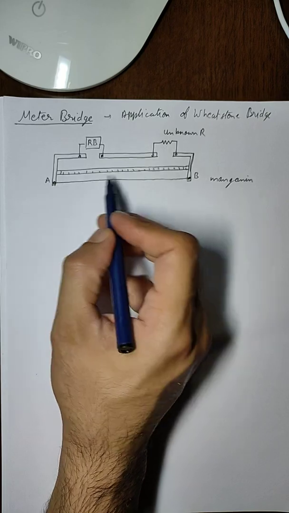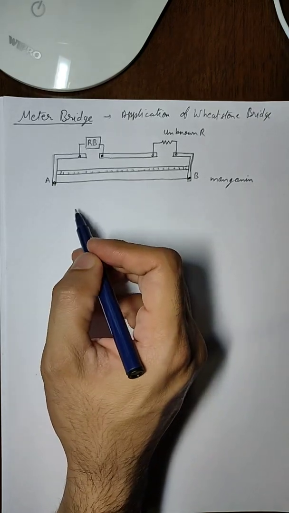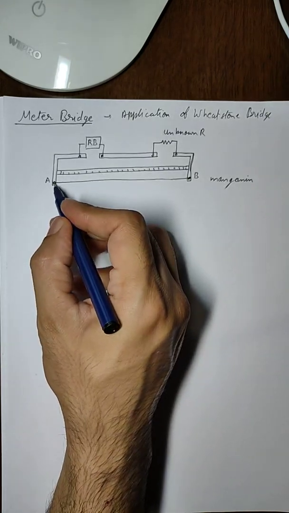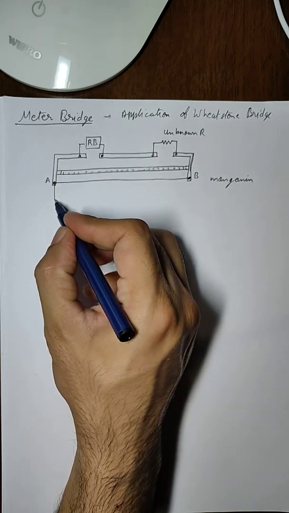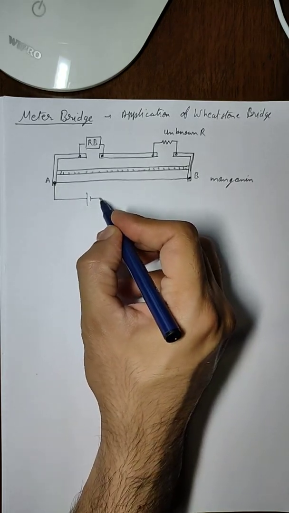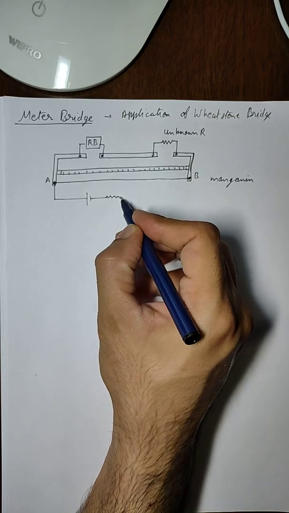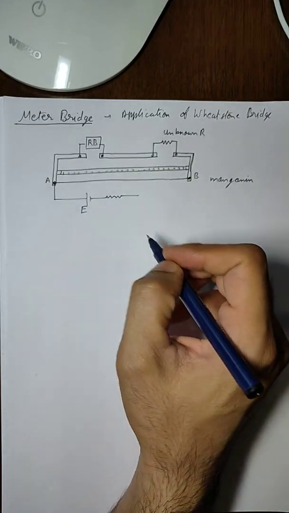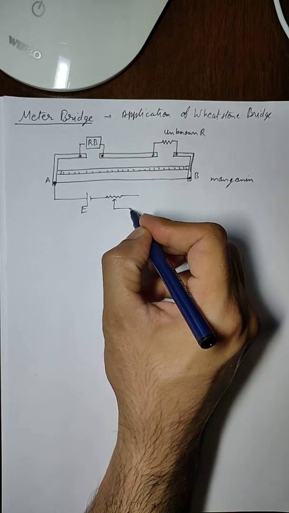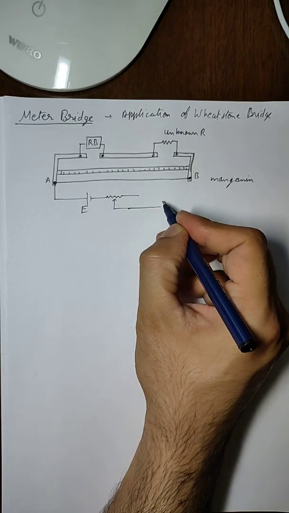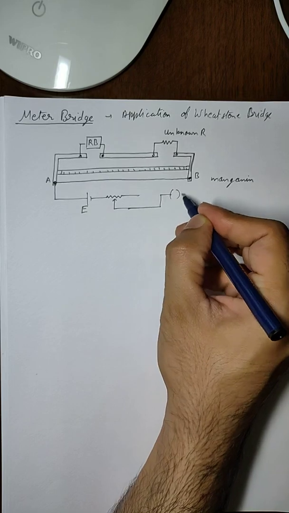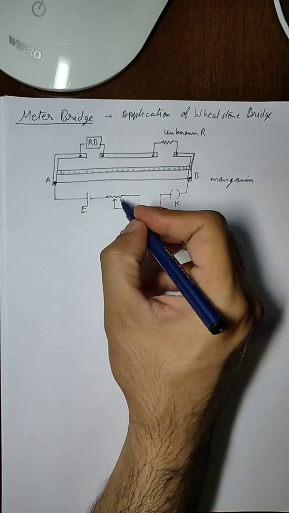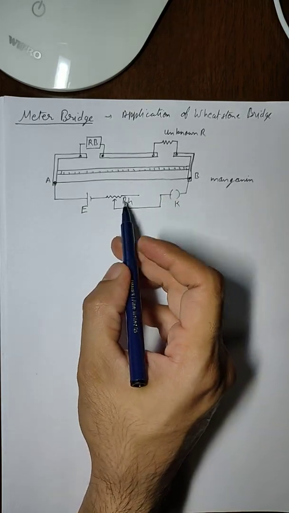Now in this meter bridge we have to connect a supply. So let us say that a battery of EMF E is connected through a rheostat and a switch K. This is the rheostat which is connected.